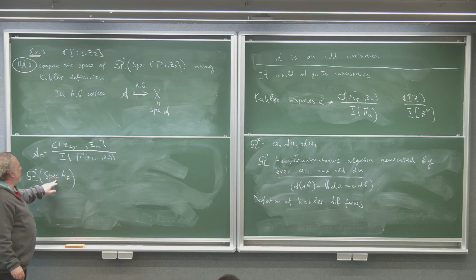How to describe this space of differential forms?